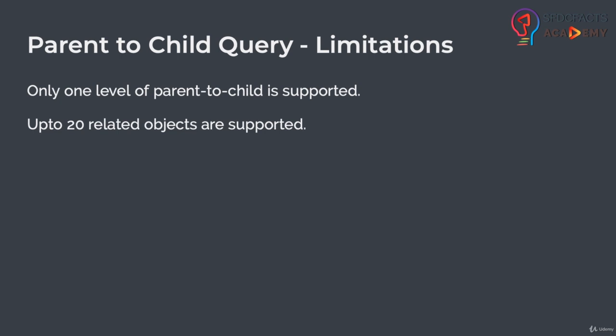The second limitation is there are up to 20 related objects that you can use in a parent to child relationship query. We have used contact and opportunity objects in one single query. Like that, you can have 18 more, but you cannot have more than 20 related objects in a parent to child relationship query. So keep these limitations in mind when you are writing your SOQL queries.